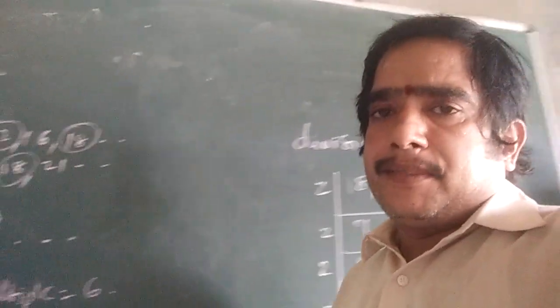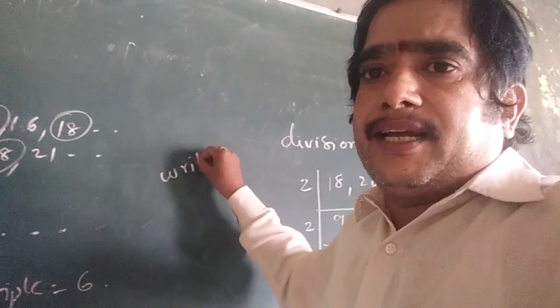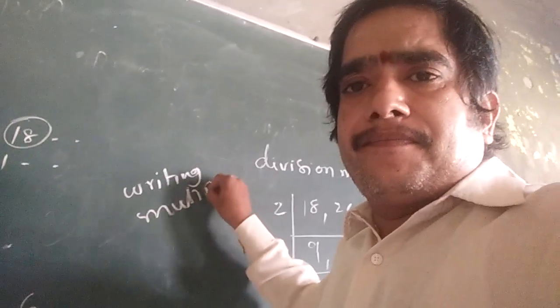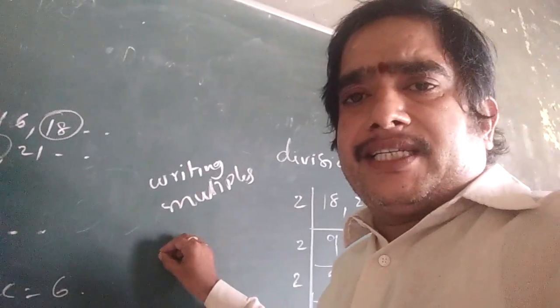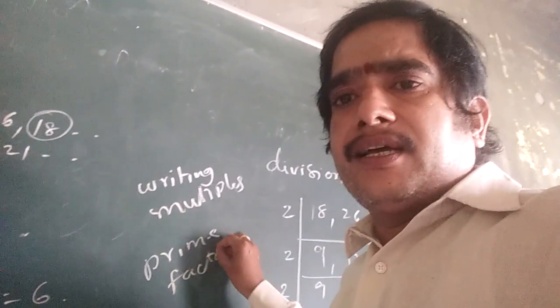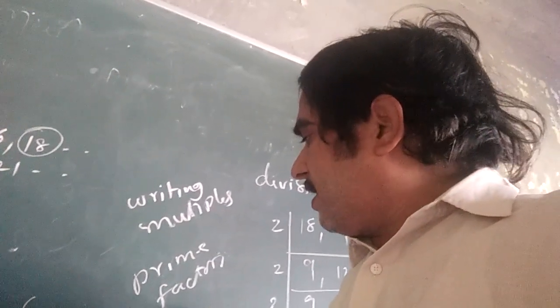So we learned 3 methods. One is the writing multiples method, second is the prime factorization method, third is the division method.